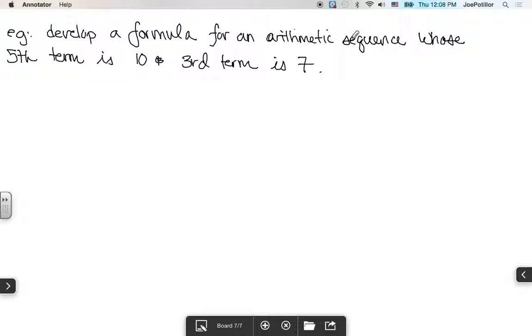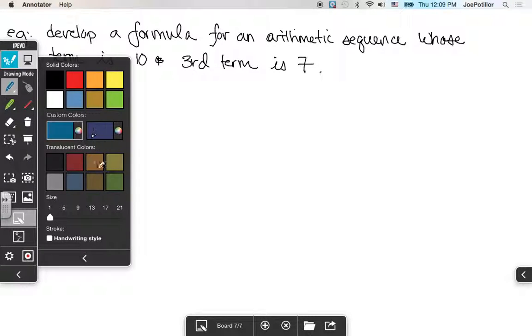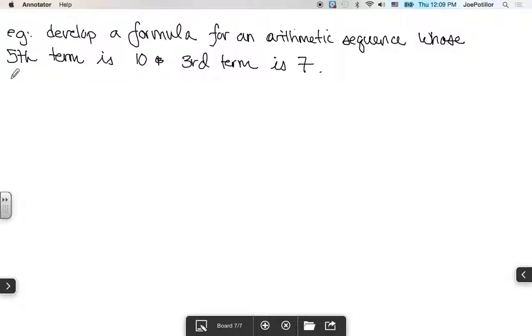Now, you'll notice in this problem, I did not give you the common difference or the first term, so it seems as if you cannot do this problem. But it's still solvable. So we have a5 is equal to 10, and a sub 3 is equal to 7. How do we do this problem then?